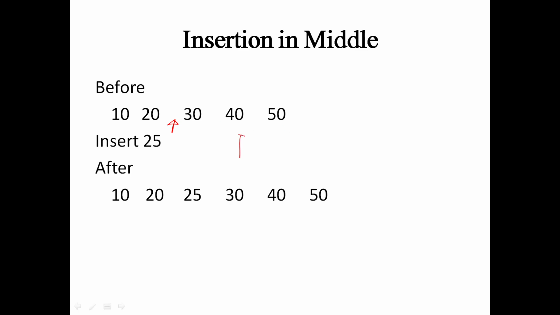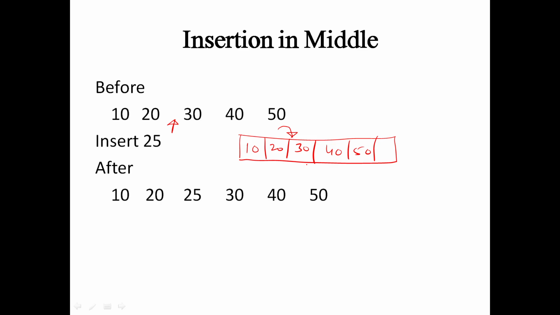I'll show you an array by drawing boxes: 10, 20, 30, 40, 50. Let us assume there is a free location available at the end of the array. But we want to insert 25. As per the order, 25 goes between 20 and 30. That means after the element 20, 25 comes, but here 30 is already occupying this location.